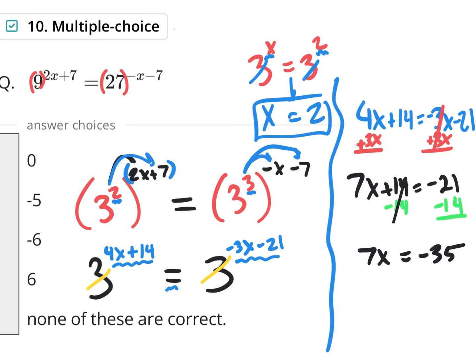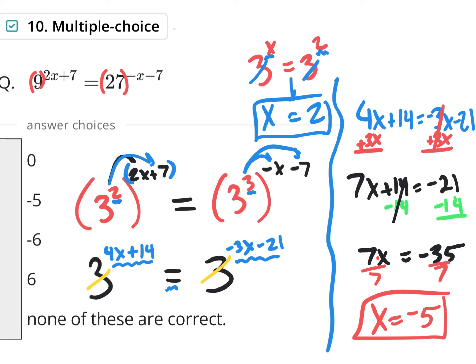Final step will be to get rid of this multiplication of 7 by dividing by 7: x equals negative 5. That is your answer. And if we look at our answers over here, we already showed you at the beginning that negative 5 is the correct answer. Let's go to the next question.